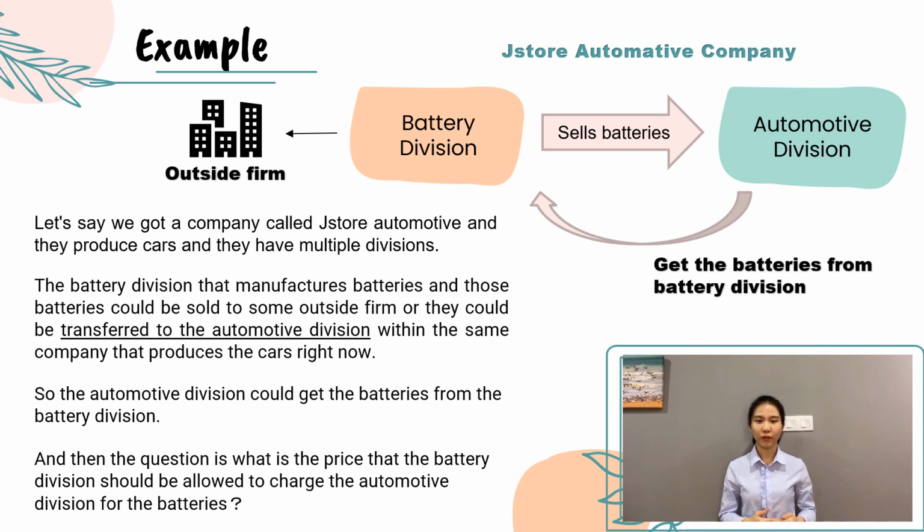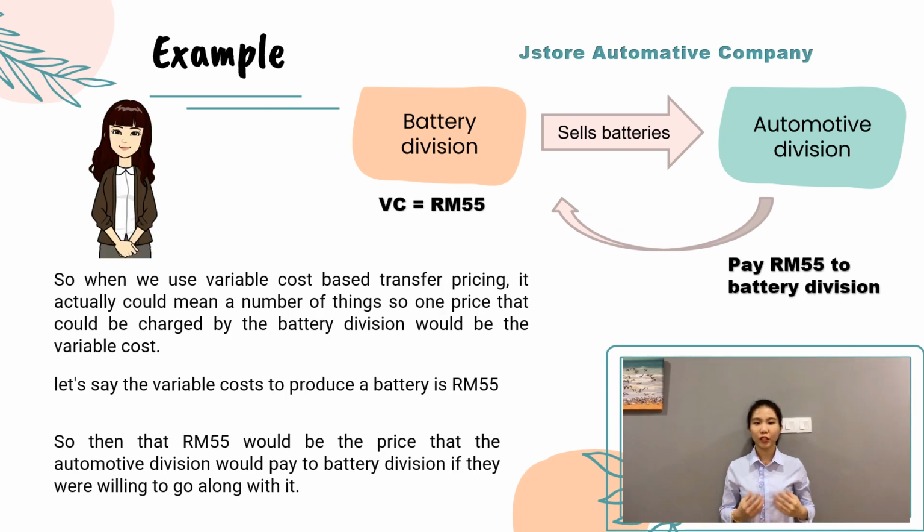So the automotive division could get the batteries from the battery division. And then the question is, what is the price that the battery division should be allowed to charge the automotive division for the batteries? When we use variable cost based transfer pricing, it could actually mean a number of things.